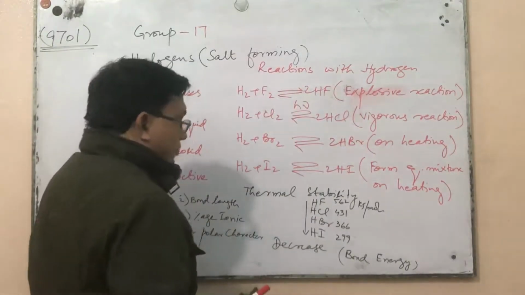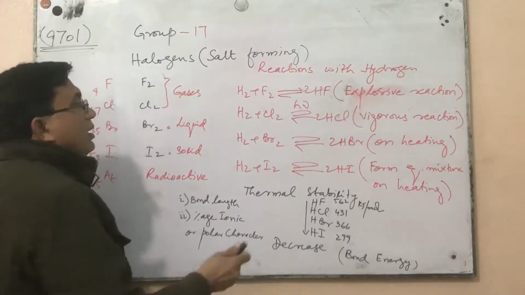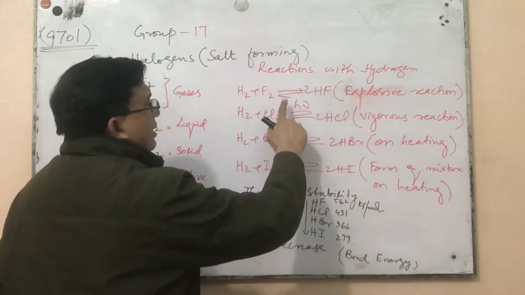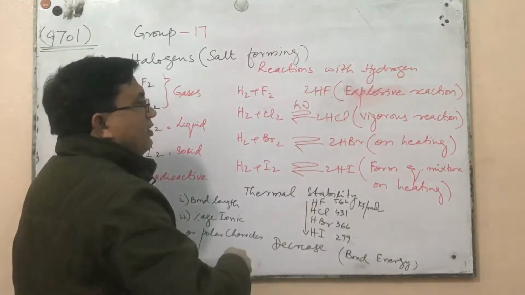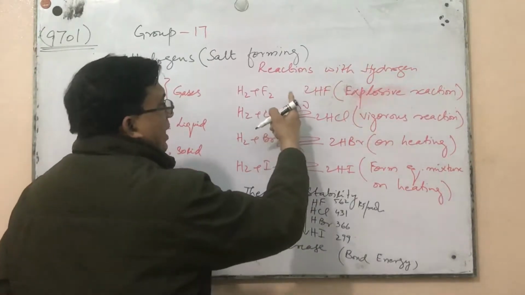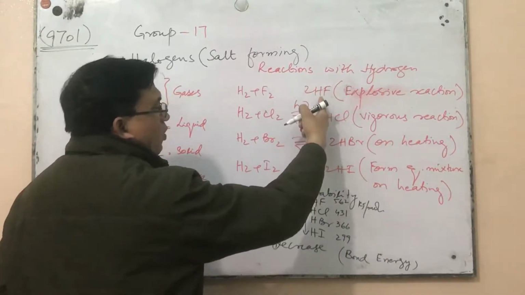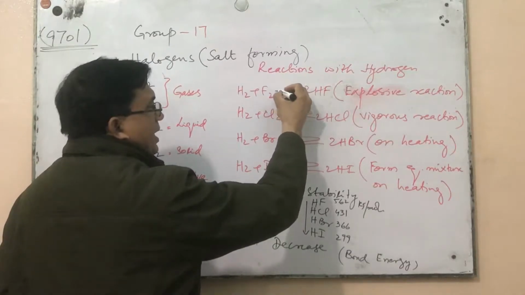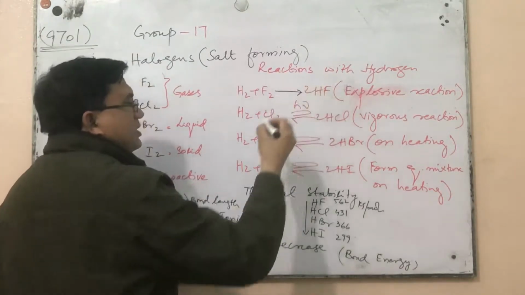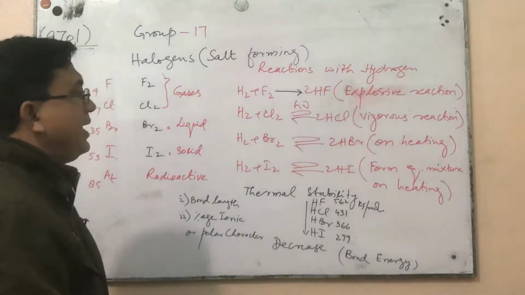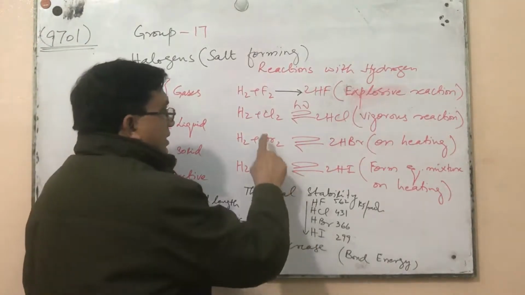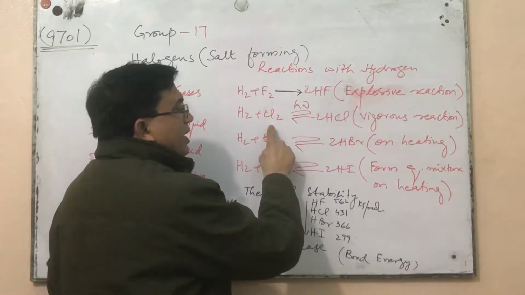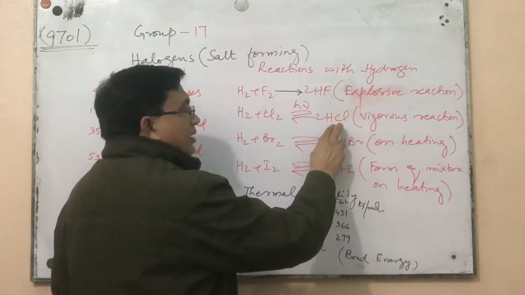In all the above reactions, normally we can also represent them with the reversible sign, but as the thermal stability of HF is maximum, we represent this reaction with a single-headed arrow. Similarly, whenever hydrogen and chlorine react, they produce HCl.